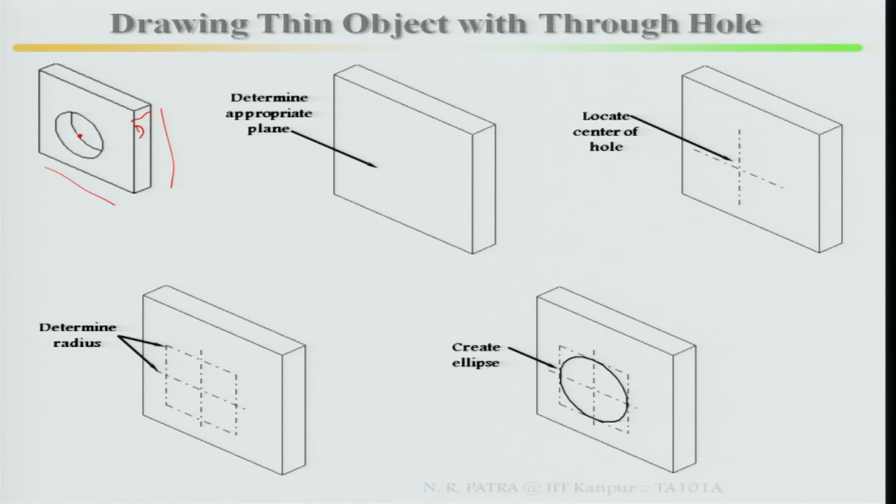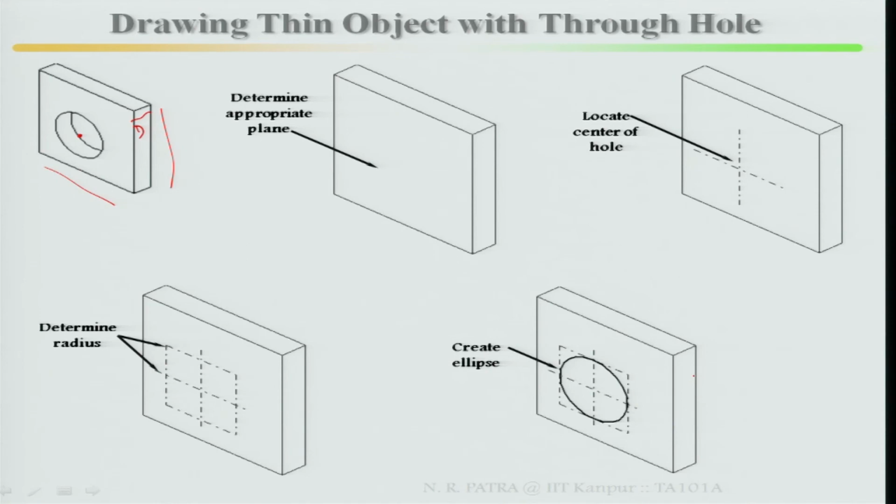Once this ellipse has been created in one plane, then the depth direction can be very easily created. So the steps again: determine your appropriate plane, locate the center of the hole, determine the radius, and then create the ellipse on that plane.